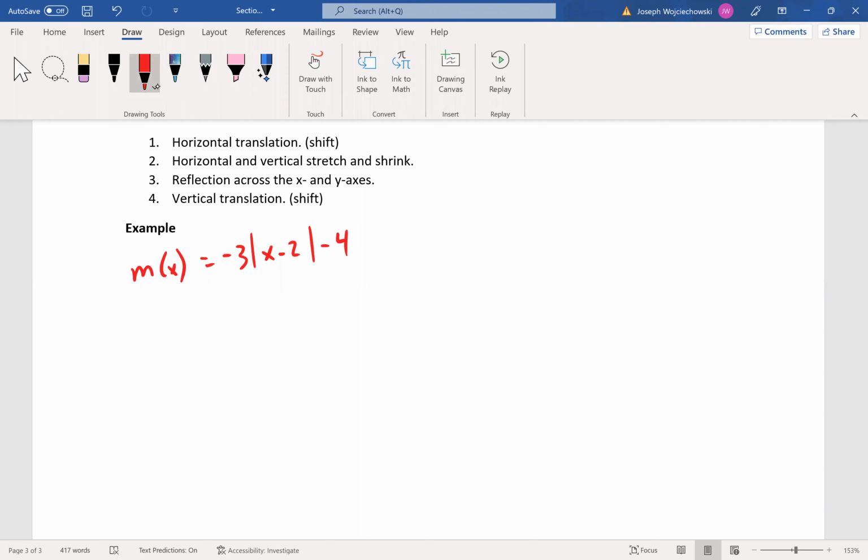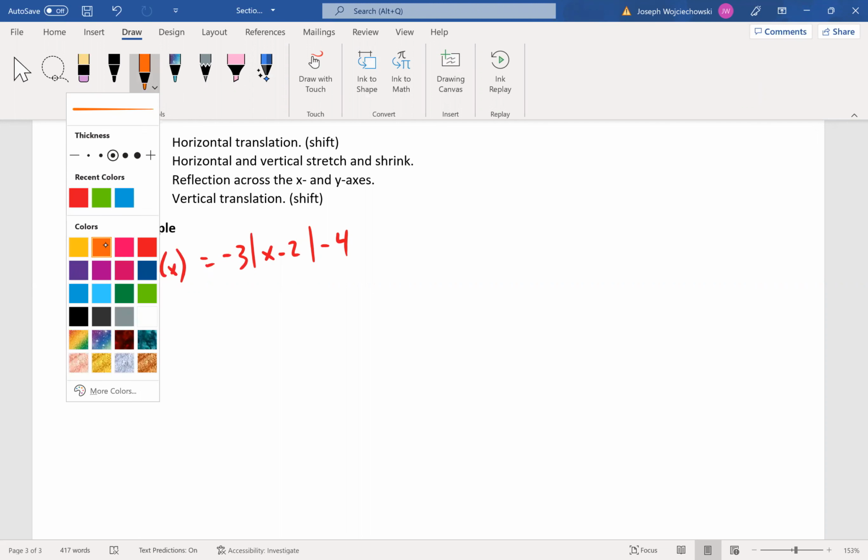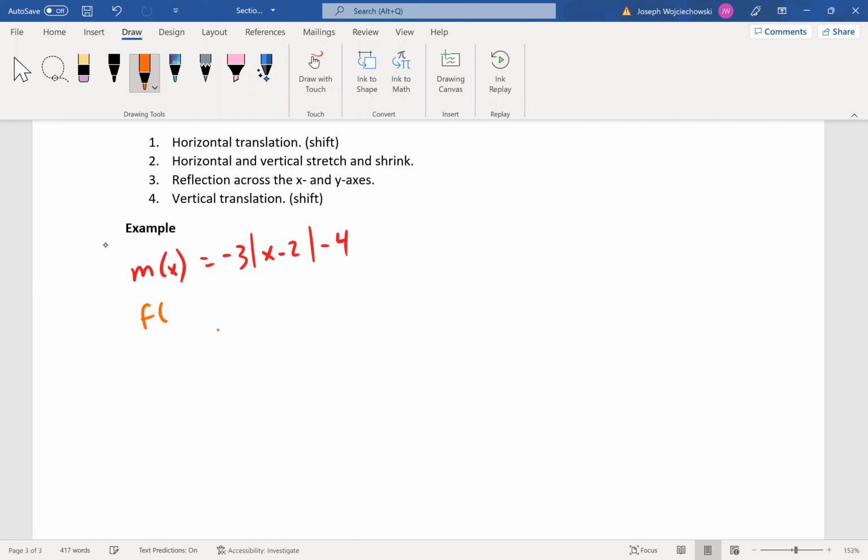So my original f of x would simply be the absolute value of x. The absolute value of x, if you were not aware, is simply this. We have the points 1, 1, 2, 2, negative 1, 1, negative 2, 2. Those are those points.